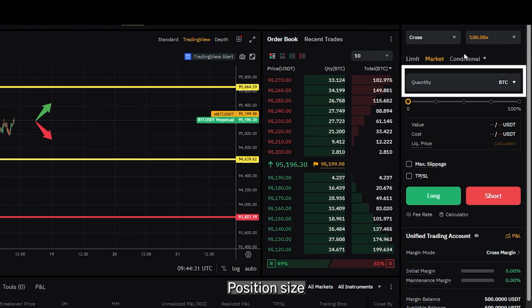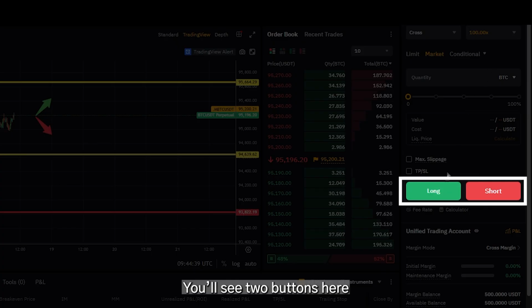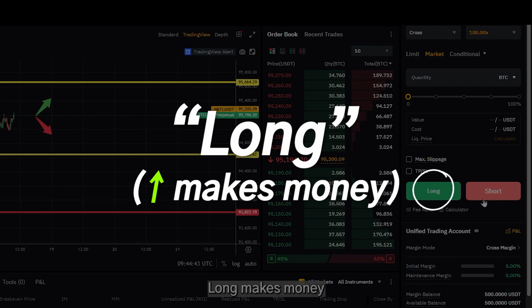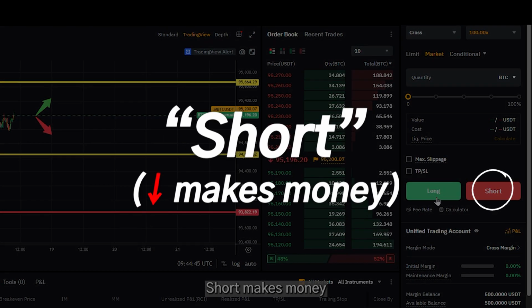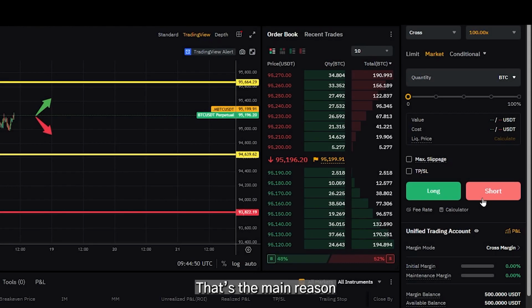Leverage, position size, and actual entry. This is the control center. You'll see two buttons here, long and short. Long makes money when price goes up. Short makes money when price goes down. That's the main reason people trade futures.